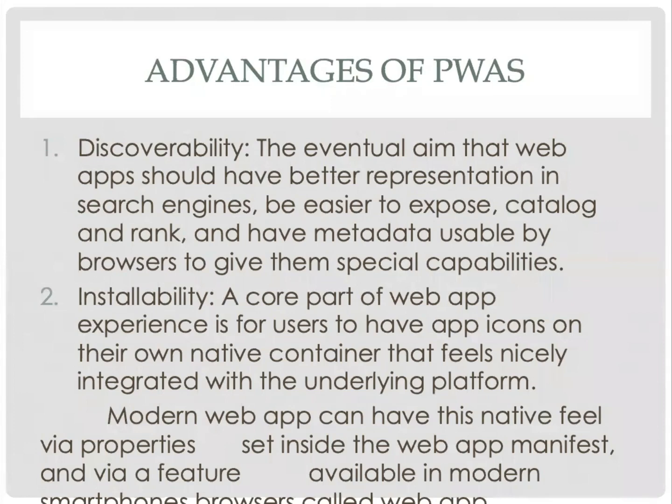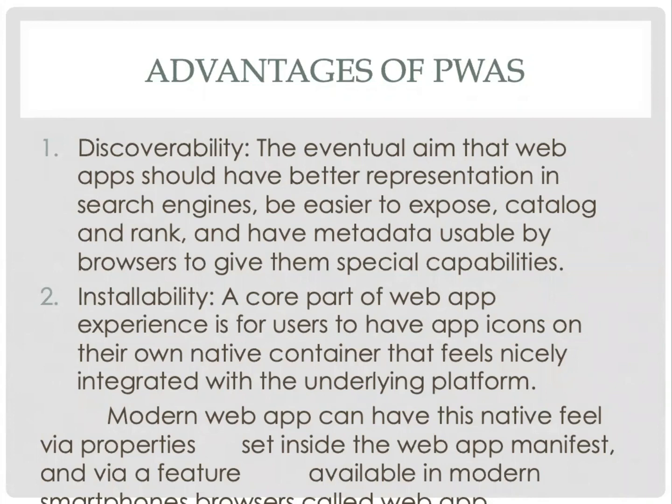The second is installability. A core part of the web experience is for users to have an app icon in their own native container that feels nicely integrated with the underlying platform.